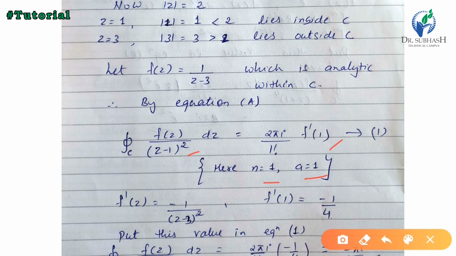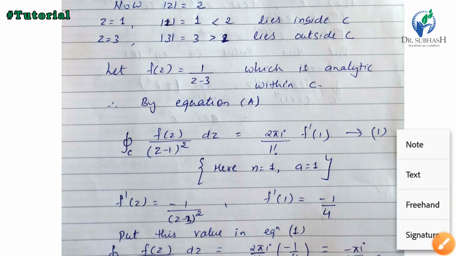We have to take the first derivative of f(z). Here our f(z) is 1 upon z minus 3. Its first differentiation will be minus 1 upon (z minus 3) whole square. Substituting z equal to 1, we get f'(1) equal to minus 1 upon 4. Now we put this value in the above equation 1.